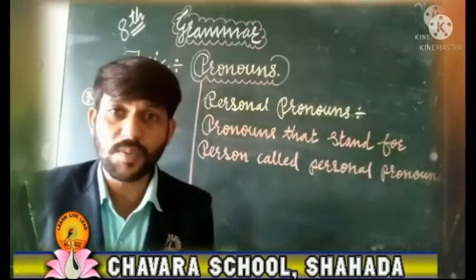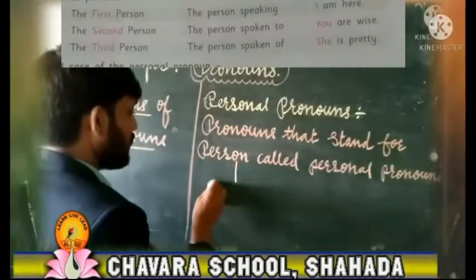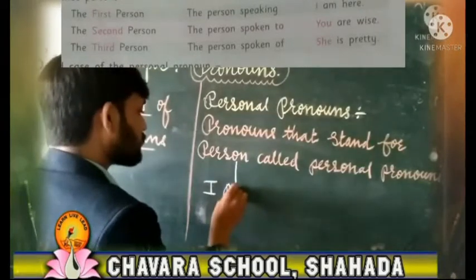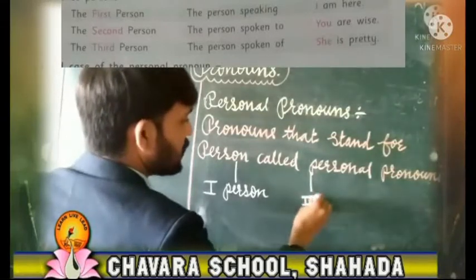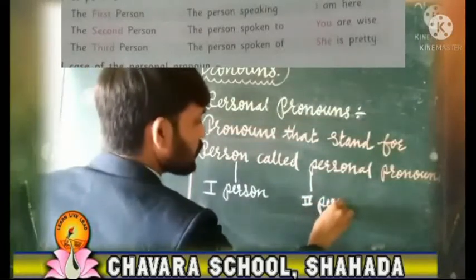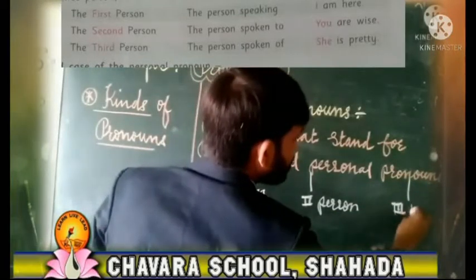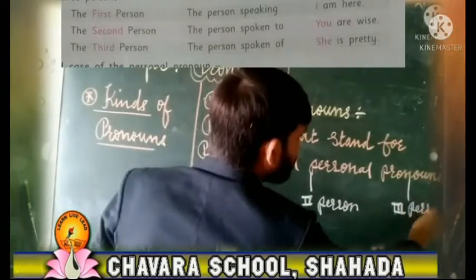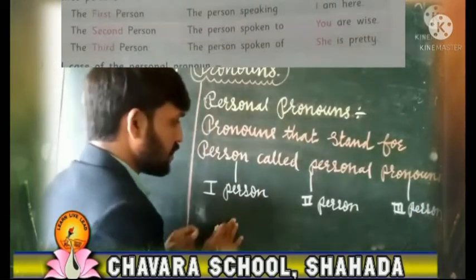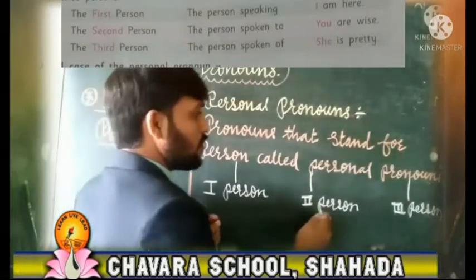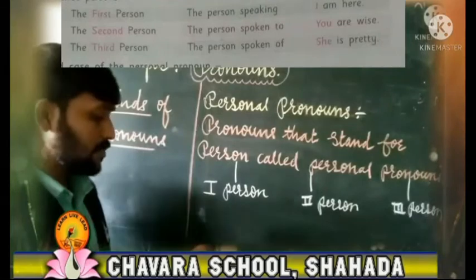Now which are these three persons? These three persons are first person, second person and third person. So we can say first person pronoun, second person pronoun and third person pronoun. Now what is meant by first person pronoun?